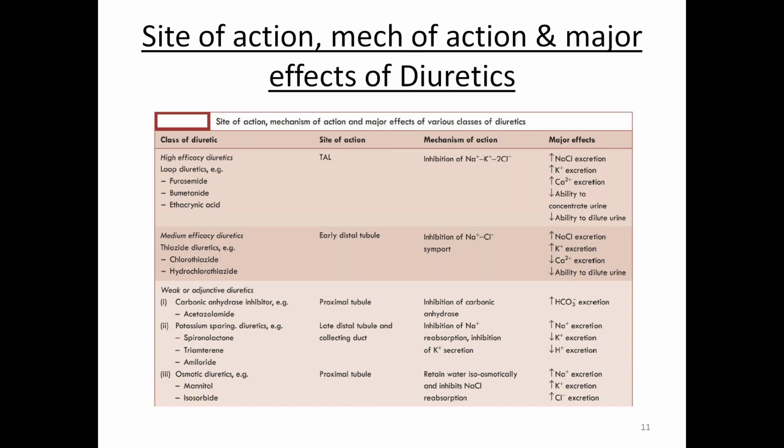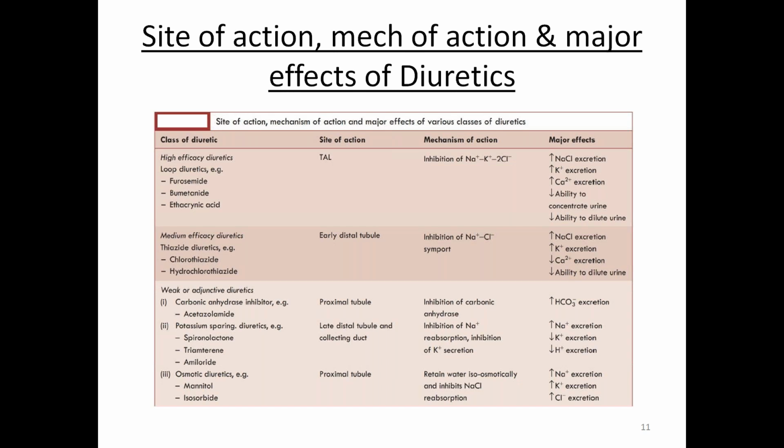Then you have potassium sparing diuretics. All these three names are common: spironolactone, triamterene, amiloride, act in late DCT and CT, inhibit sodium reabsorption, inhibit potassium secretion. They lead to increased sodium excretion, decreased potassium excretion, decreased hydrogen excretion.